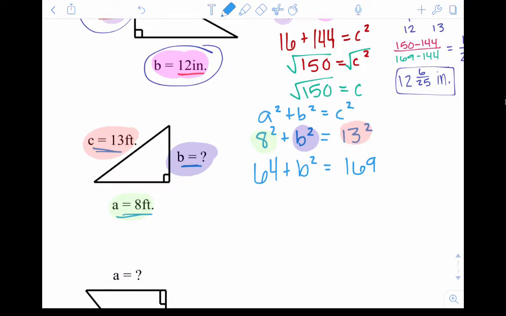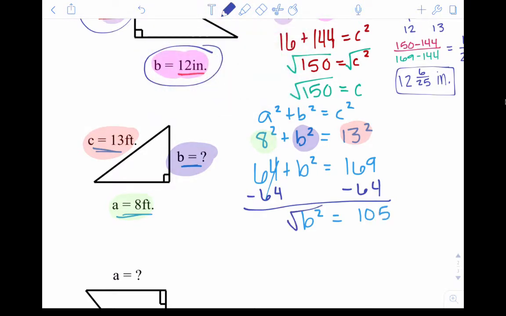Now I'm trying to get b squared by itself, so to do that, I need to subtract 64 from both sides. So on the left side, I'm left with just b squared because my 64's cancel out. And on the right side, I have 105.